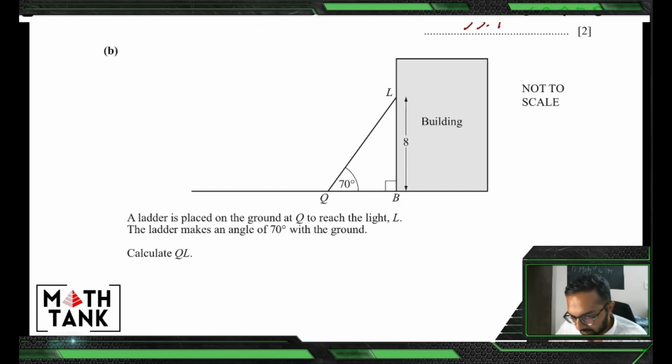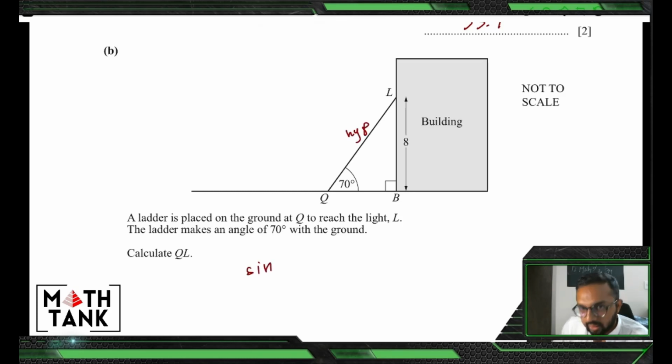Okay. Then I have this question. It says the ladder is placed on the ground at Q to reach the light L. The ladder makes an angle of 70 degrees with the ground. Okay. Calculate QL. So I think I'm just asking you for the hypotenuse.